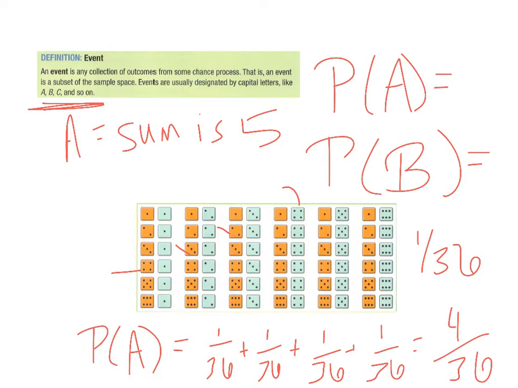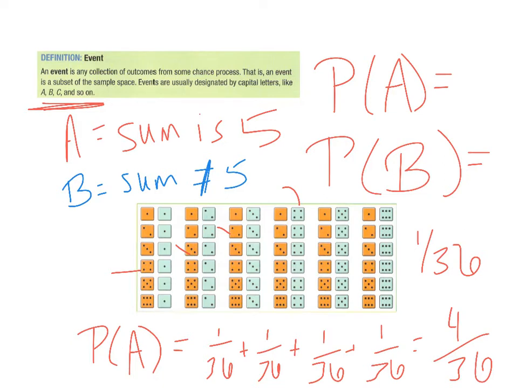And so now you can sometimes use that to work backwards, right? Now we could say that event B is sum is not equal to 5. Well, I know that 4 out of 36 of them, the sum is equal to 5, which means the other 32 don't add up to 5.